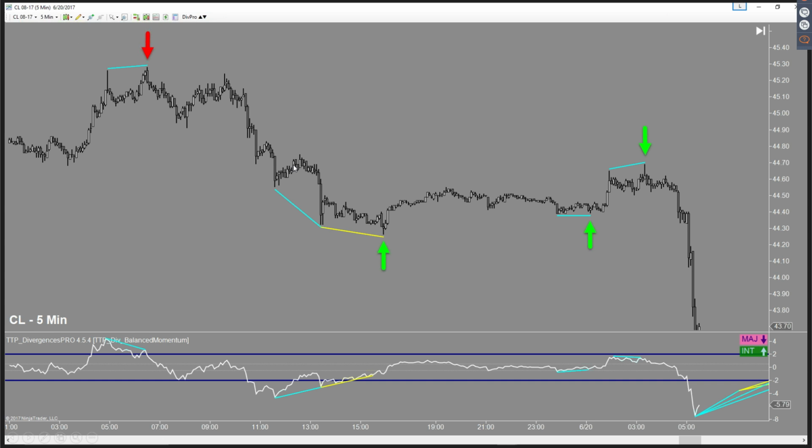Okay, so this would be one look at what we would want to see, depending on the trade type that we're trading. For example, one area where you would not expect to see divergence would be one of the trades out of the crude report.